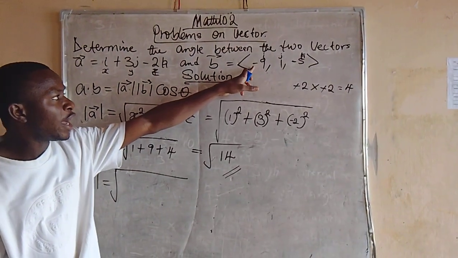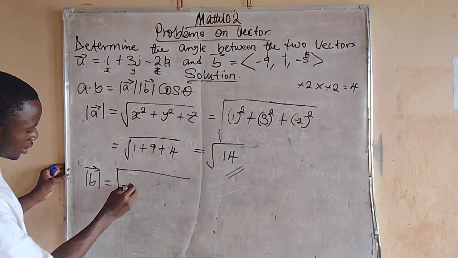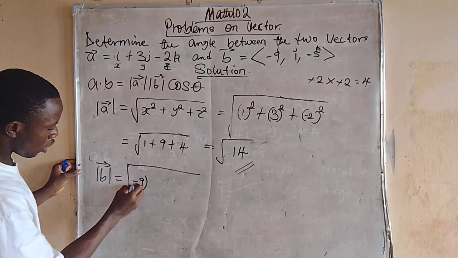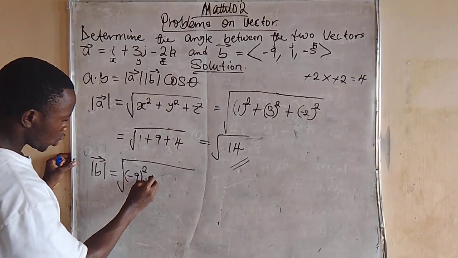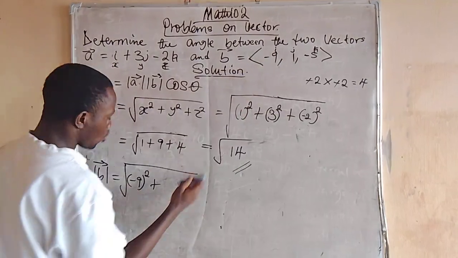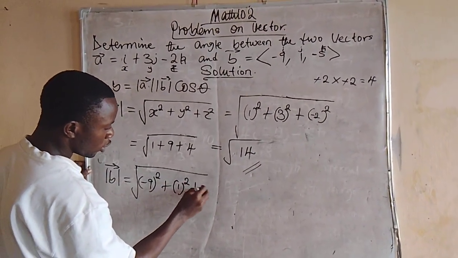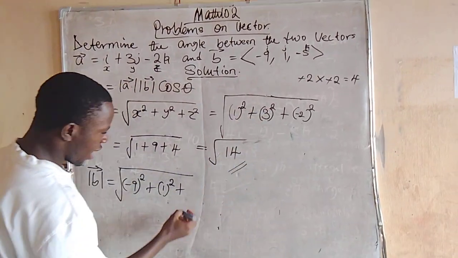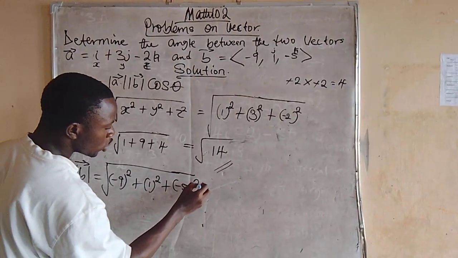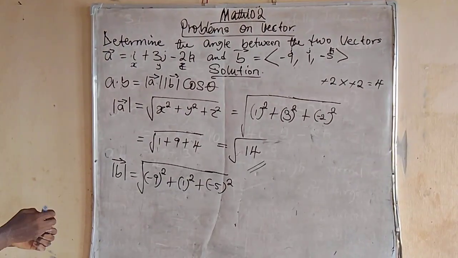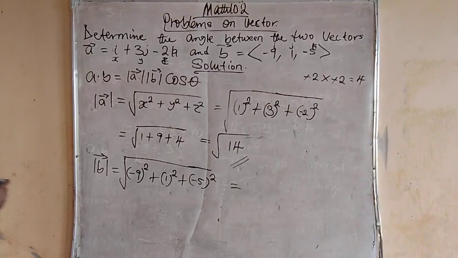We have minus 9 all square, plus 1 all square, plus minus 5 all square. Is that taken? Minus 5 all square.